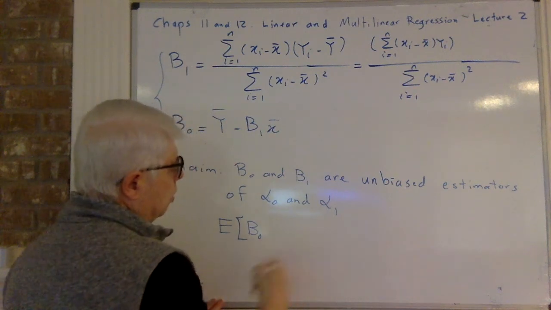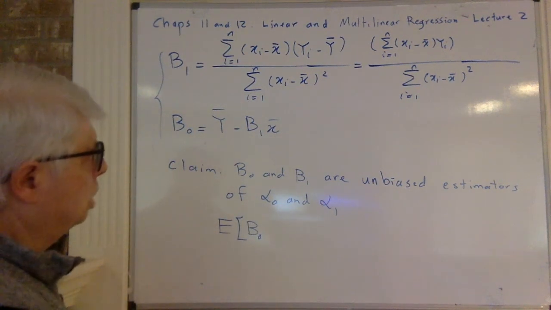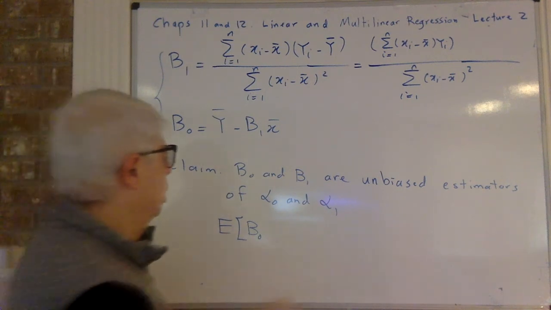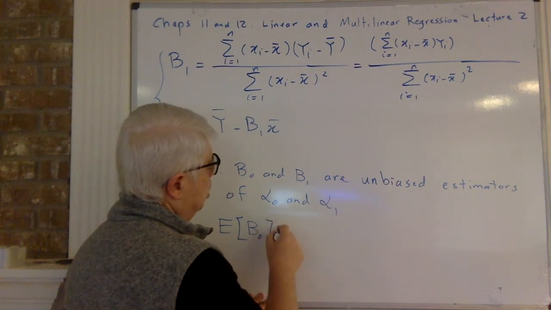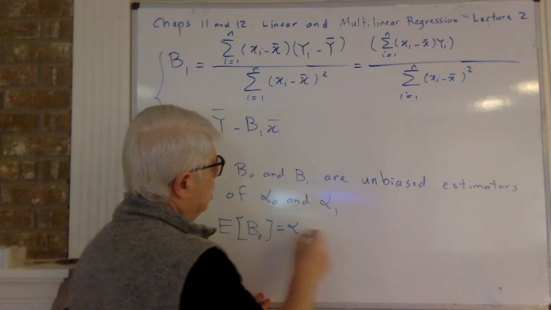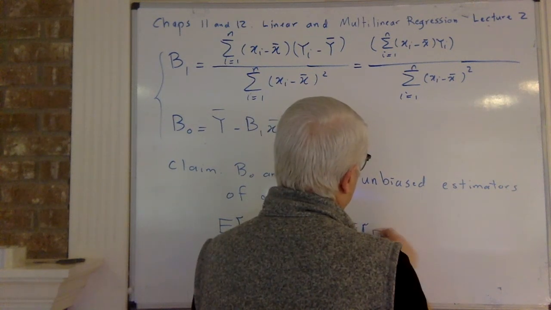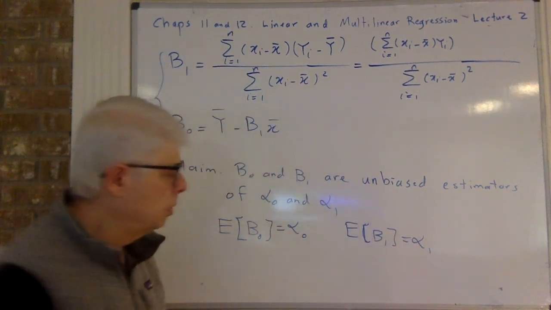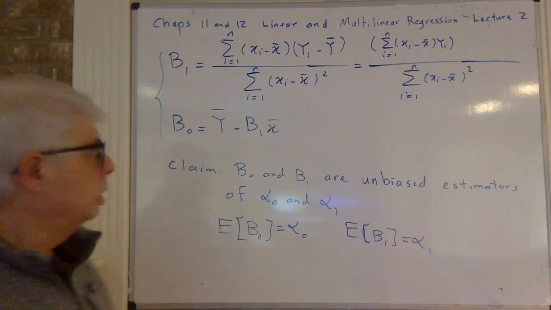In fact, I have given a proof in the notes, and you will see the xi's come into the picture and then just go away. So I'm not going to write the xi's, but given the xi's, this is in fact alpha 0, and the expected value of the other one, B1, will be alpha 1. So these are unbiased estimators for alpha 0 and alpha 1.